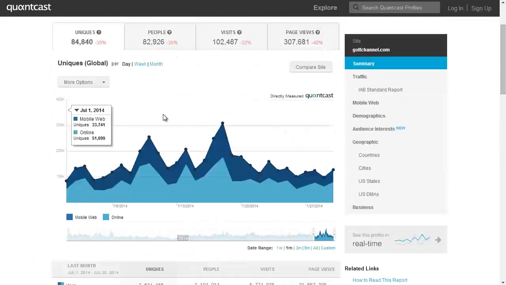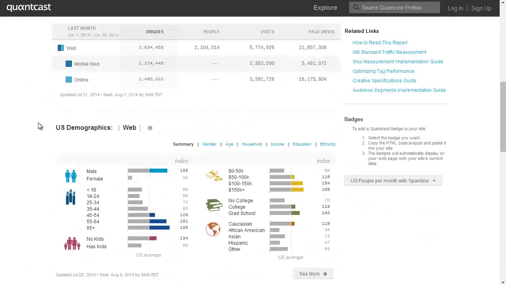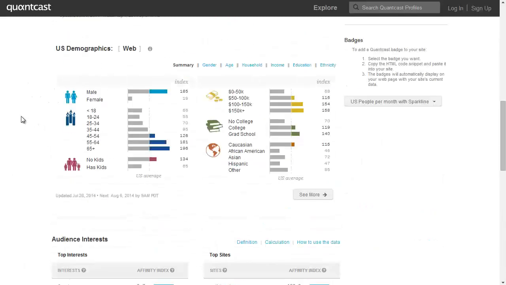So this is just traffic data up here, and it shows you how many people are visiting. That's not really something that you're interested in right now. What we're interested in now is the demographics. We want to know, is your audience mainly male, female, what age group, kids, no kids, what kind of income, college, what kind of college, no college, a little bit of college, a lot of college, grad school, what kind of ethnicity and race, and more.